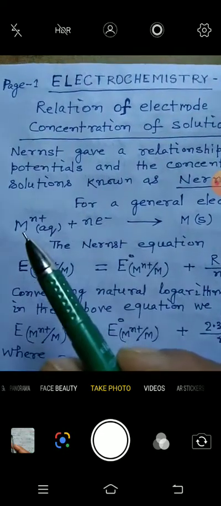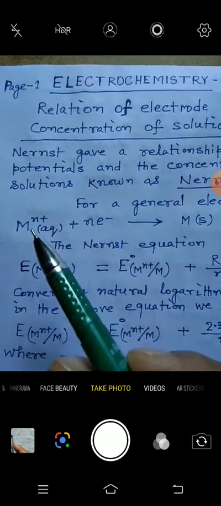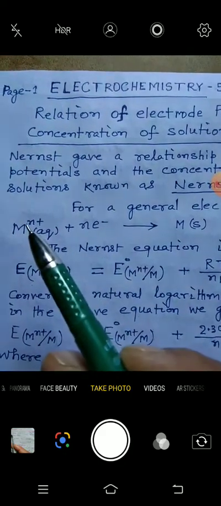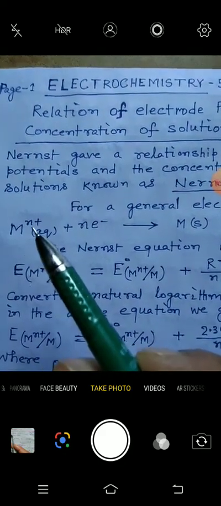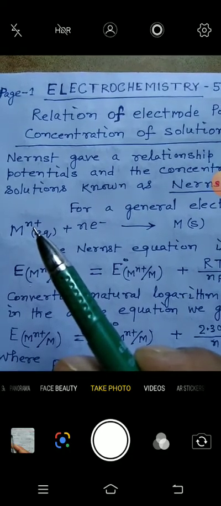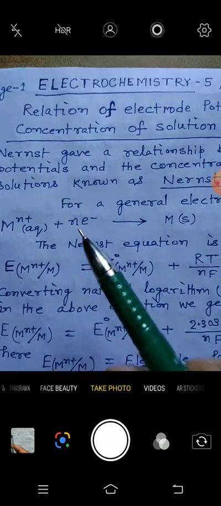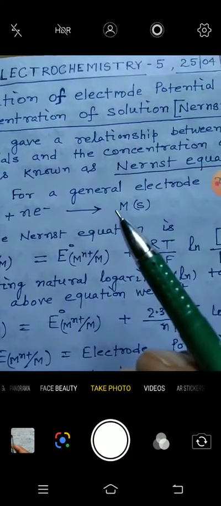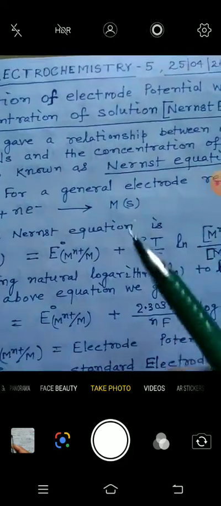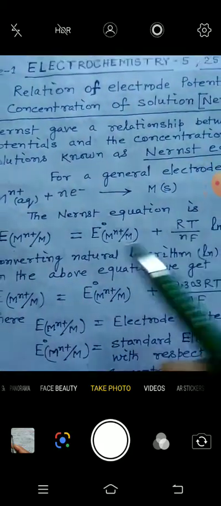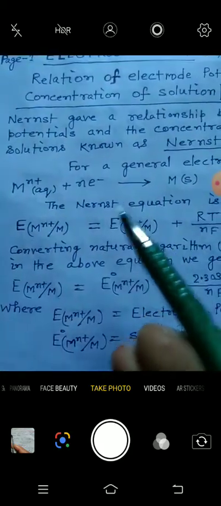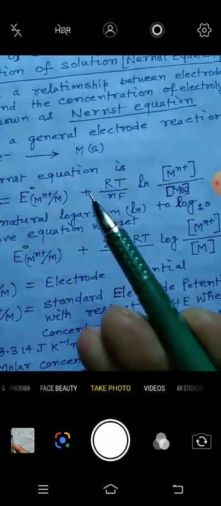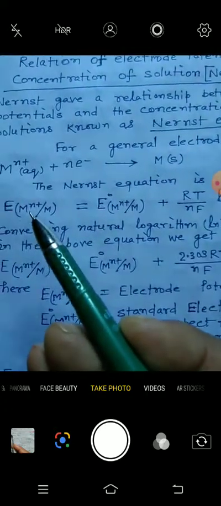When this cation is reduced, since the number of positive charges is n, it will take n electrons and come in the form of metal. The Nernst equation for this type of reaction, for a single electrode, will be like this.